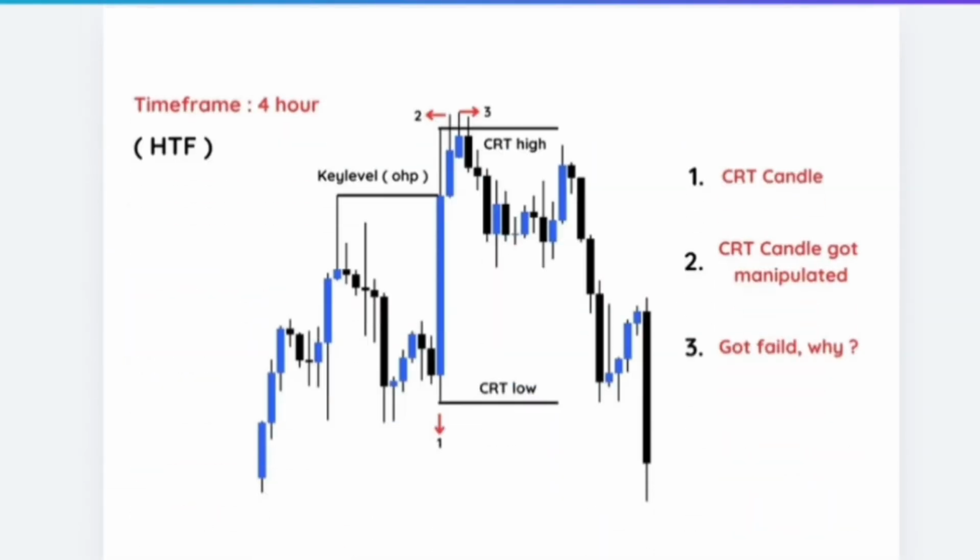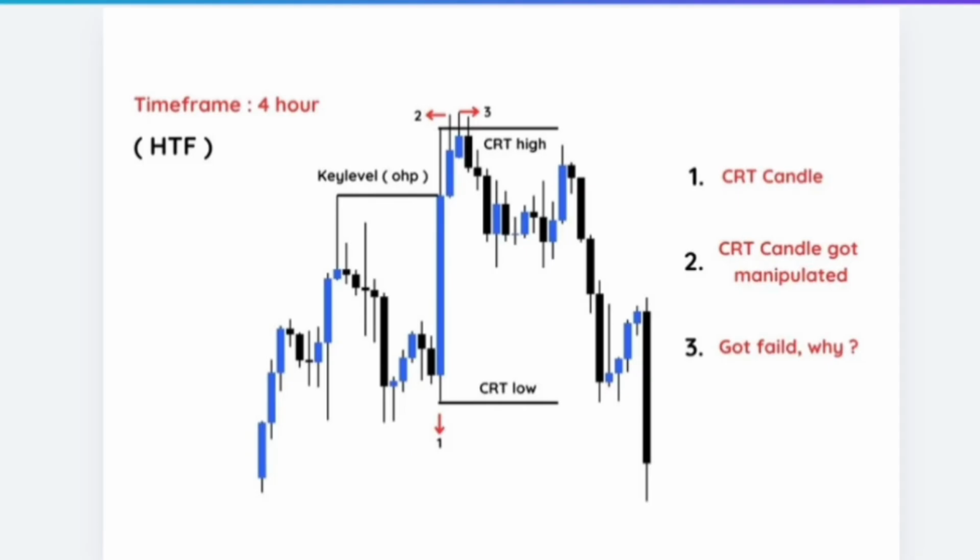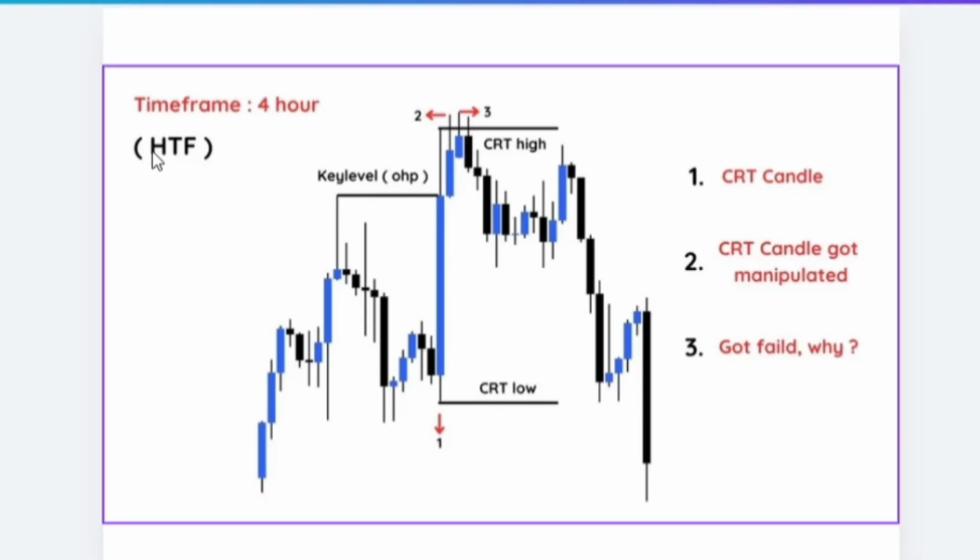Now, for an example, this is our 4-hour time frame. You can see it here is the higher time frame. In our 4-hour time frame, this is our key level, which serves as our old low. First of all, after this, this particular candlestick is our CRT, the 4-hour candle CRT.